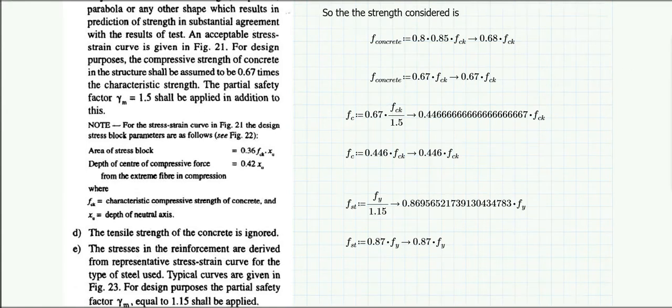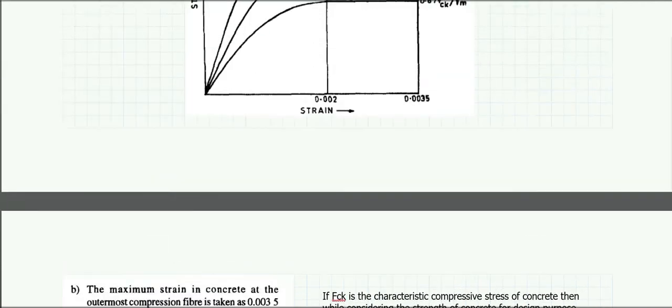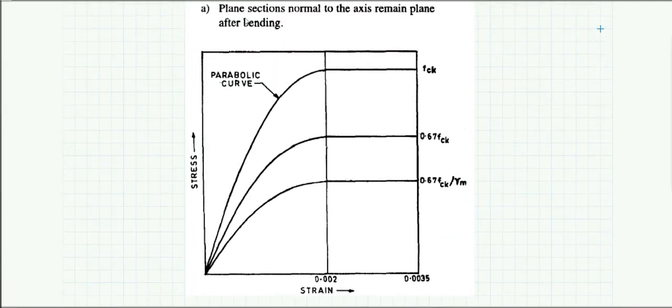The first thing that the clause says is that for the limit state method you can assume the stress distribution diagram to be triangular, rectangular or parabolic, depending upon the test results that you have observed.